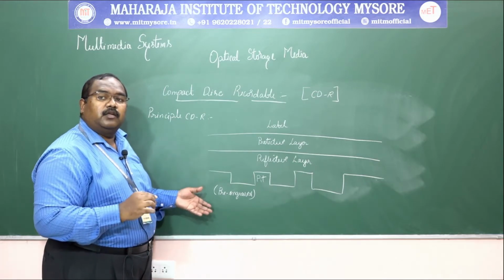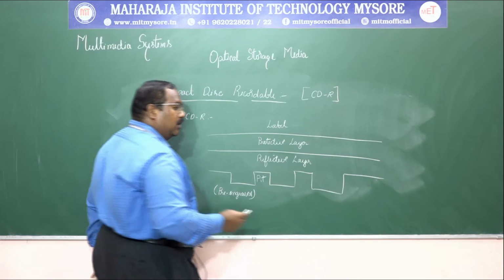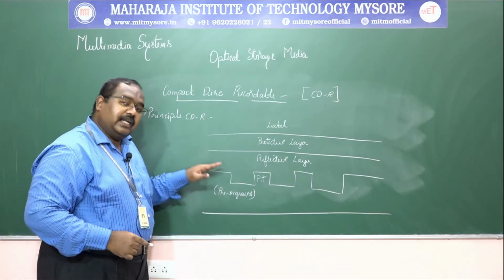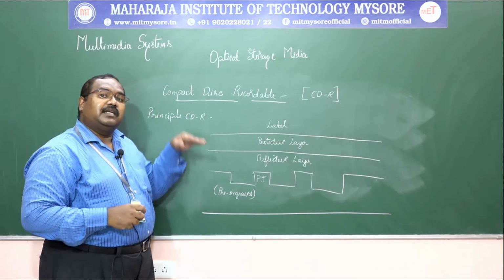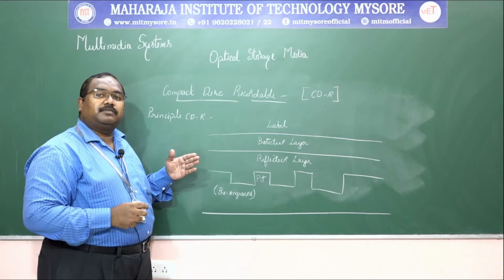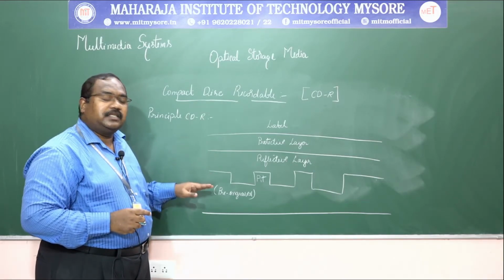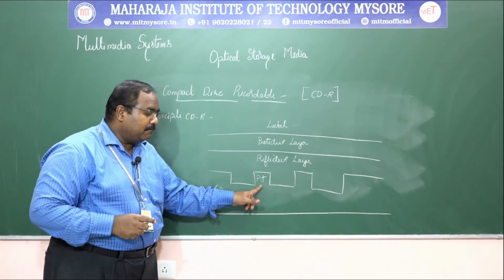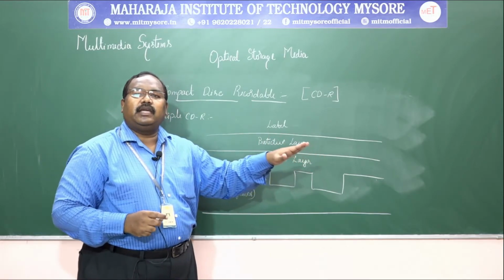This is very important when you talk about the difference between CD technology and CDR technology. We have seen pits and lands there also, but before the pits and lands, what would be there? There would be a substrate layer. What kind of substrate layer? A polycarbonate substrate layer. But here, the pits and lands are pre-engraved.